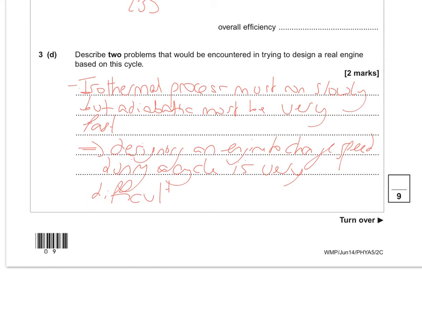So what they're looking for: first problem, isothermal process must run very slowly. Adiabatic must run very fast. So you've linked the two problems together, and the problem is designing an engine to meet both of the requirements. That's going to be very difficult to achieve in terms of designing your engine to run. Well, you're not going to be able to do it.